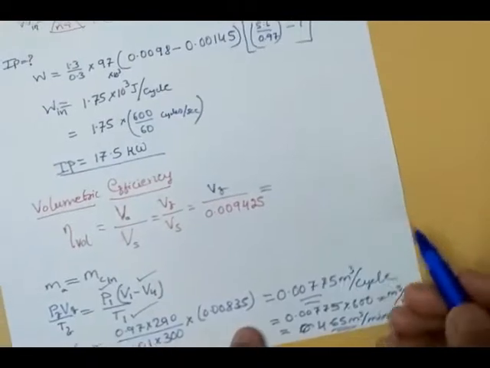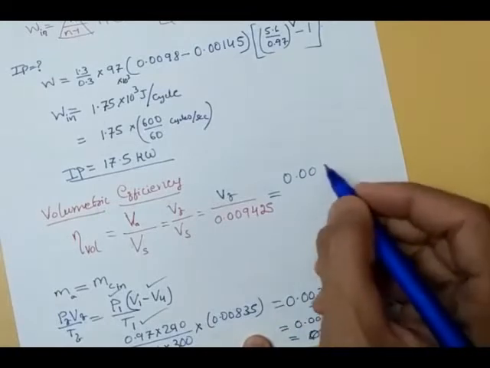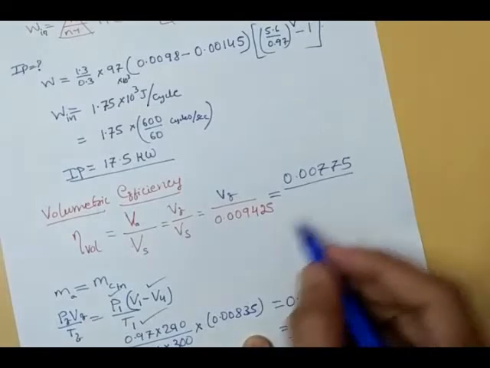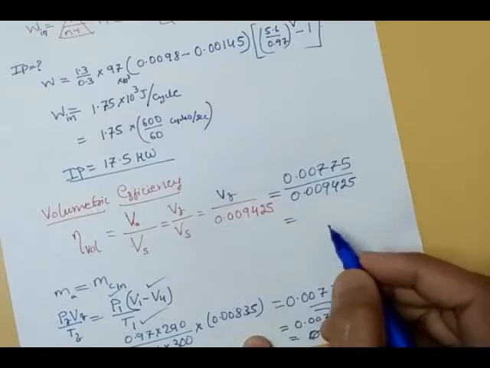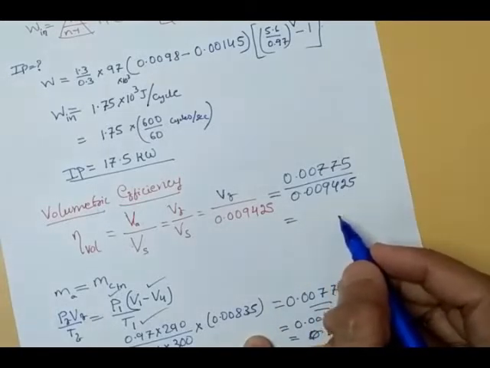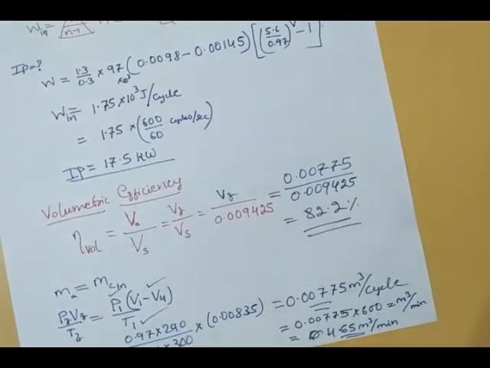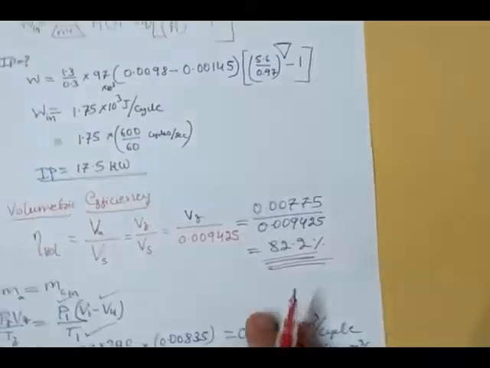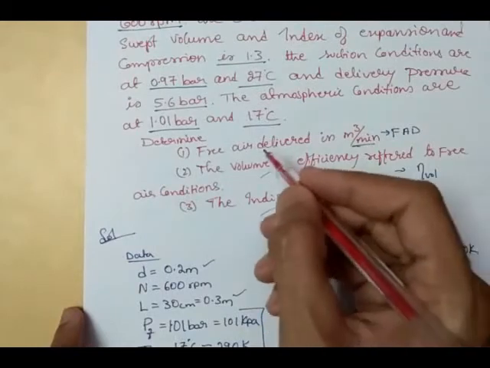That is why we substitute Vf also in meter cube per cycle: 0.00775 divided by 0.009425, which is 82.2%. So this is the answer for the second question. We have calculated IP, volumetric efficiency, and free air delivered.